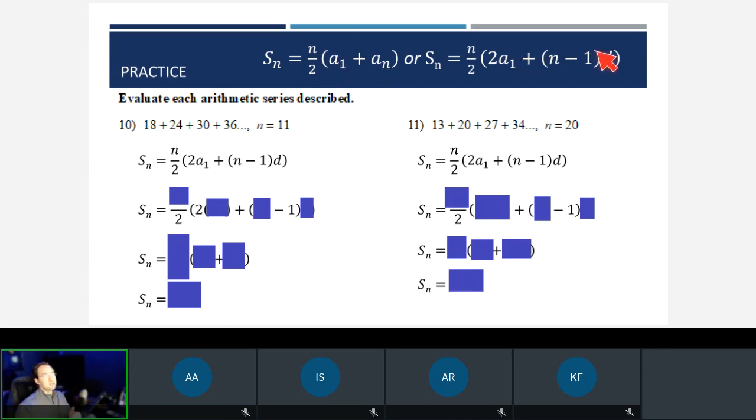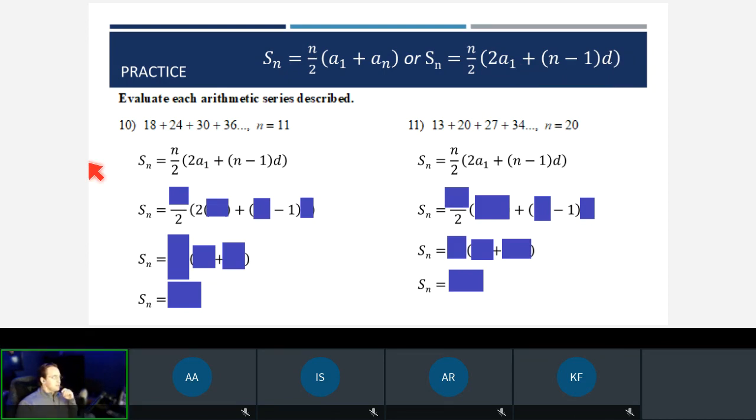Or we can just make it easy on ourselves and do it all at once and use this formula. Because we're given the number of terms, we're given the first term, and we're given the common difference. Well, kind of. We have to calculate that.